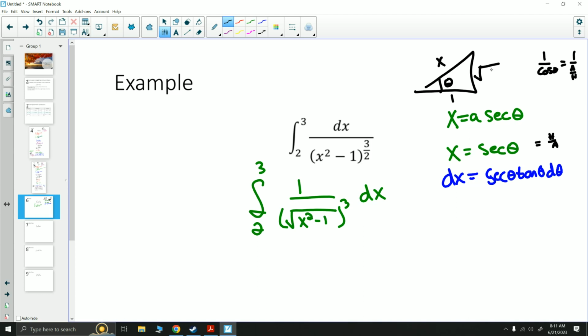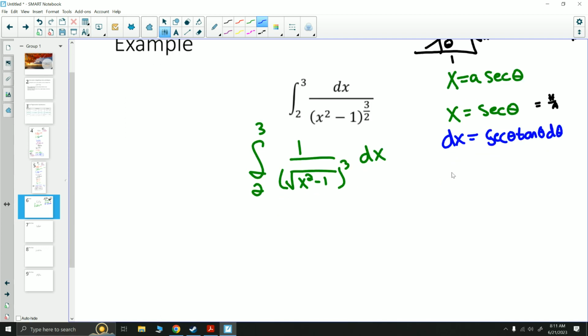This right here would be the square root of x squared minus 1. Again, it's just this square root, but we can use the Pythagorean theorem to show that. This thing squared plus 1 is x squared, so squaring this would be x squared minus 1, plus 1 would just leave x squared. Okay, so we're good here.